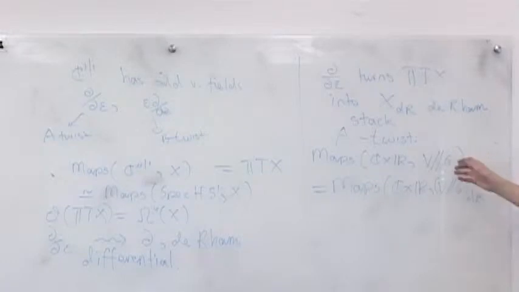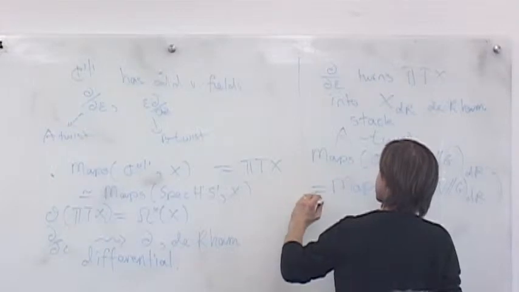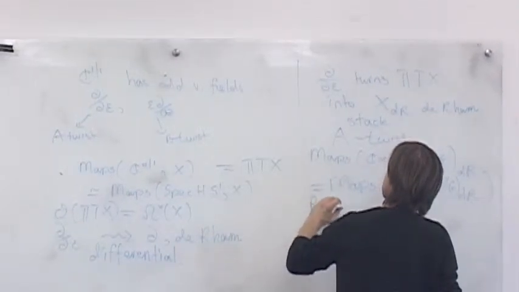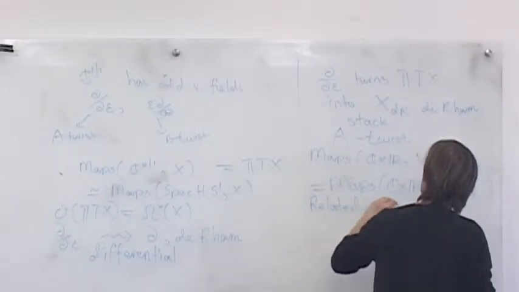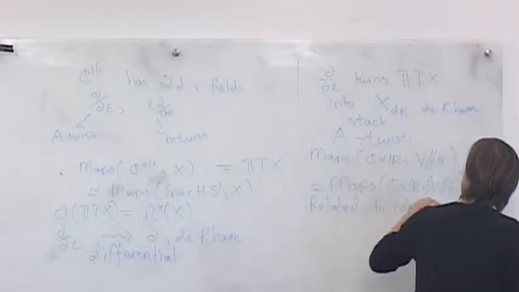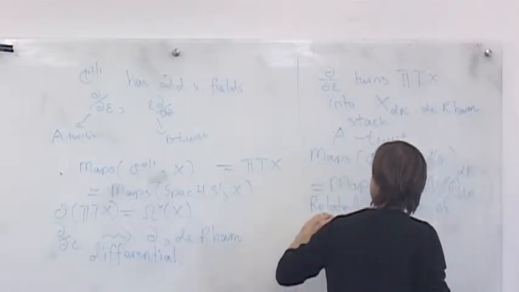So we're going to be considering, for example, operators, or observables in this theory. They'll be built from functions on this space of fields. So there'll be something about the cohomologies of these mapping spaces. It's related to the cohomology of these mapping spaces.